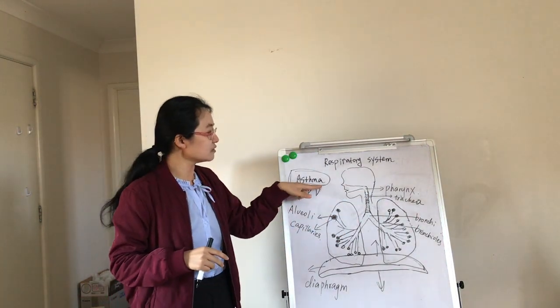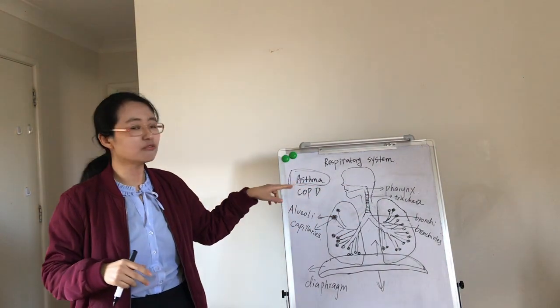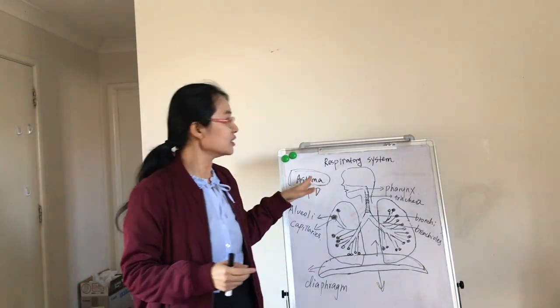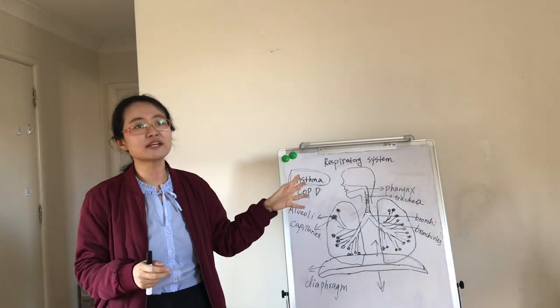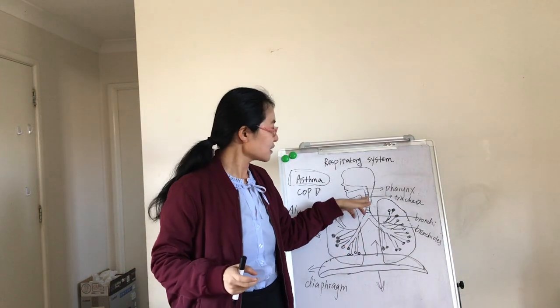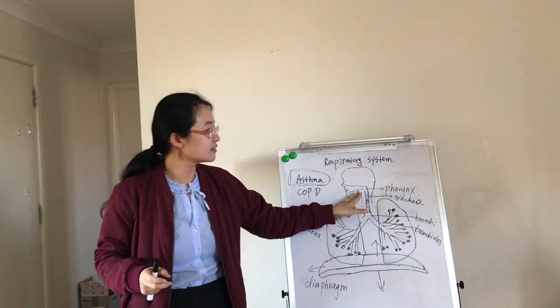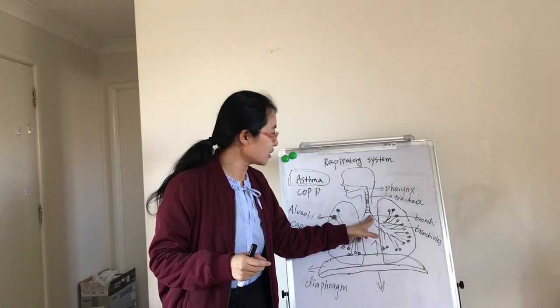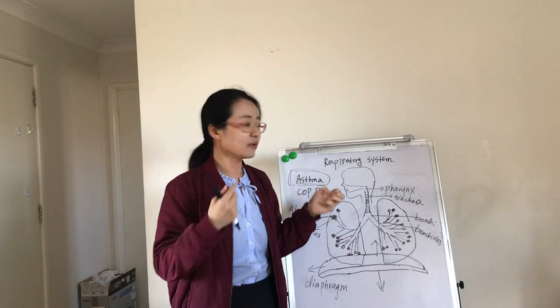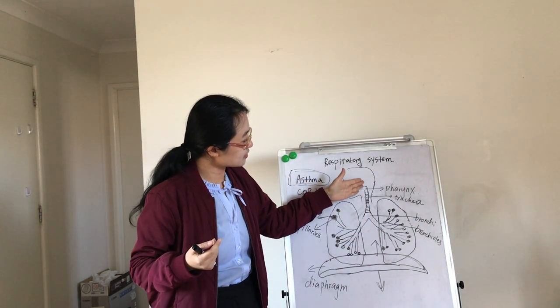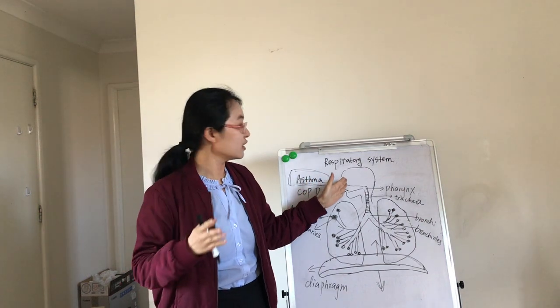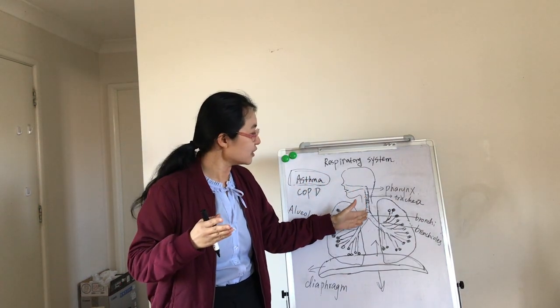So if you have asthma, patients will feel really short of breath, and then we need to give some medications called the bronchodilator. Bronchodilator can dilate the bronchi, dilate the airway, and make it much easier for the air to flow in through the airway.